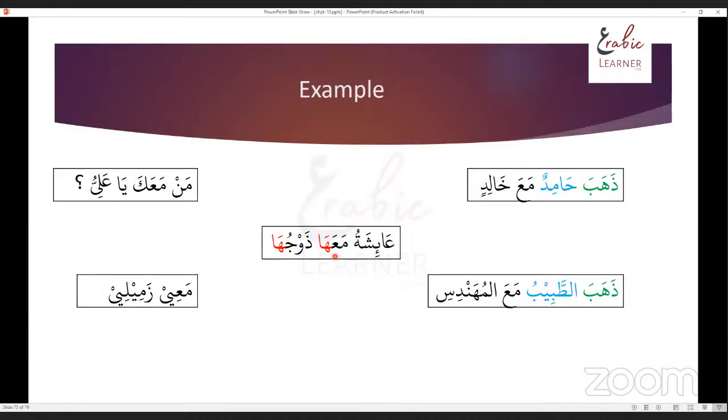Shibu Jumla means what? What are those two things in Shibu Jumla? Jar Majroor and Zarf Mudaf ilayh. You can say Zarf. Jar Majroor and Zarf. So here Ma'aha is Mutaliq bil Khabar, because Mutaliq bil Khabar is either Jar Majroor or Zarf Mudaf ilayh.